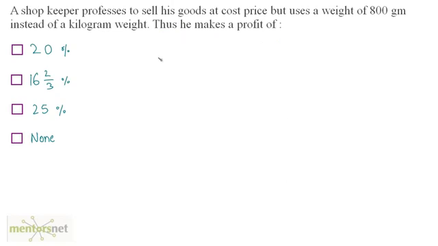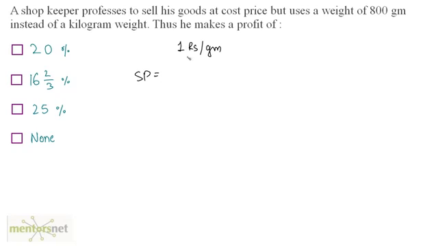A shopkeeper professes to sell his goods at cost price, but uses a weight of 800 grams instead of a kilogram weight. Thus, he makes a profit of. Firstly, let us assume that the cost at which this shopkeeper buys his goods is 1 rupee per gram. He sells his goods using an 800 gram weight, but it shows that it is a kilogram weight.